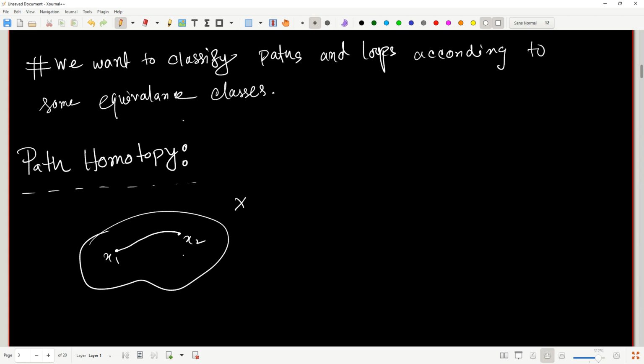If I can do this for any two points on this space, then this type of space will be called path connected.